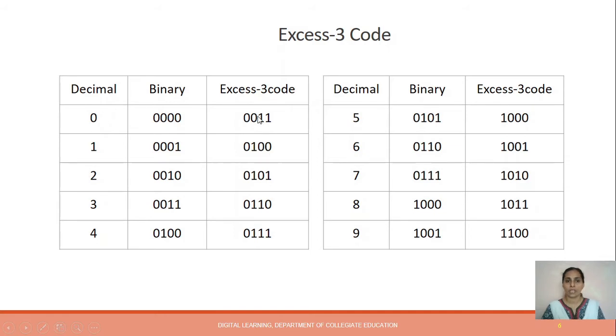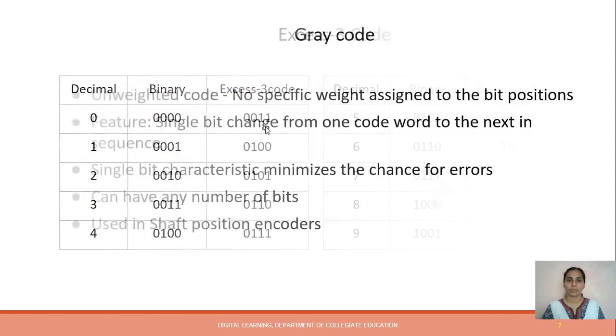So 0 is represented as 3, 1 is represented as 4, 2 is represented as 5, 3 as 6, 4 as 7, 5 as 8, and so on. That means we have an excess of 3 for each code here. So 3 is added to the binary equivalent, and you will get the XS3 code.